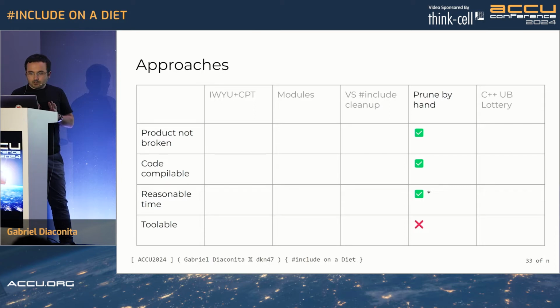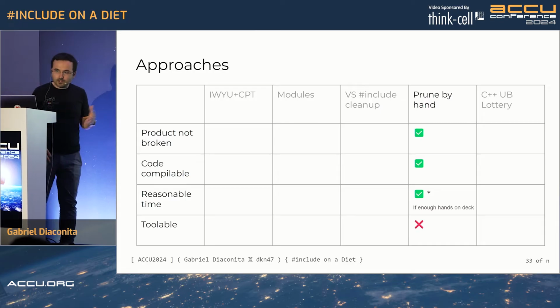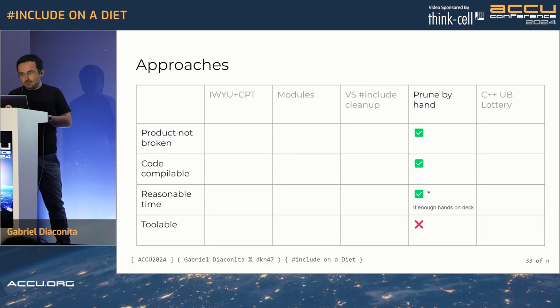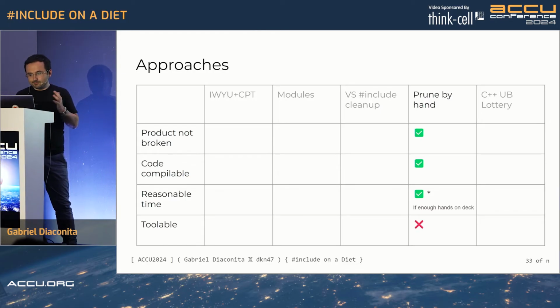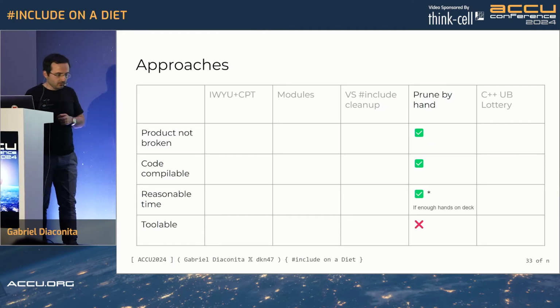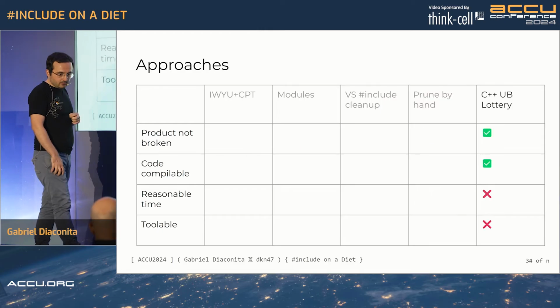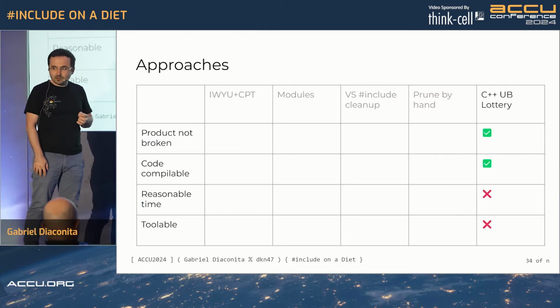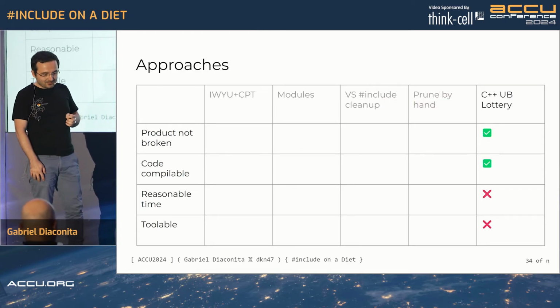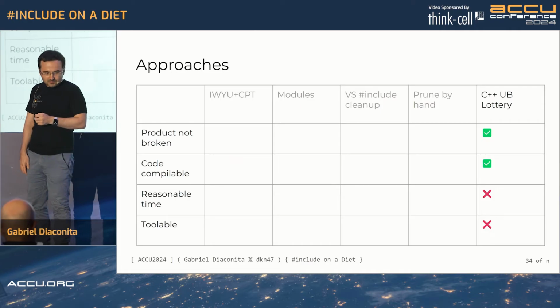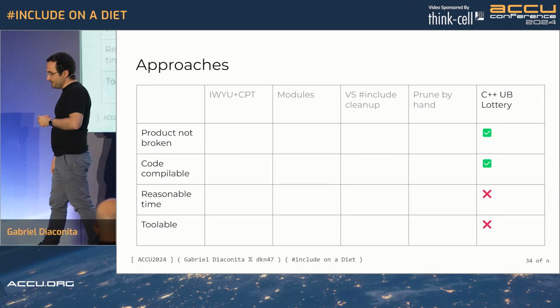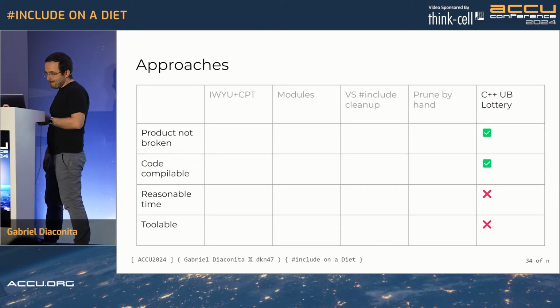Takes a reasonable amount of time if you have enough hands on deck. It's not toolable. You kind of have to do it only once. So not ideal. The undefined behavior lottery is out of the question because it takes an infinite amount of time.